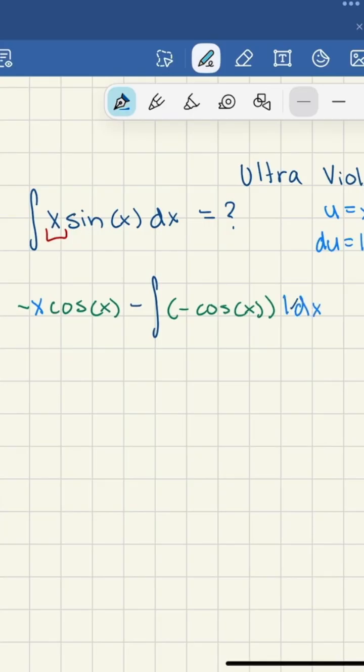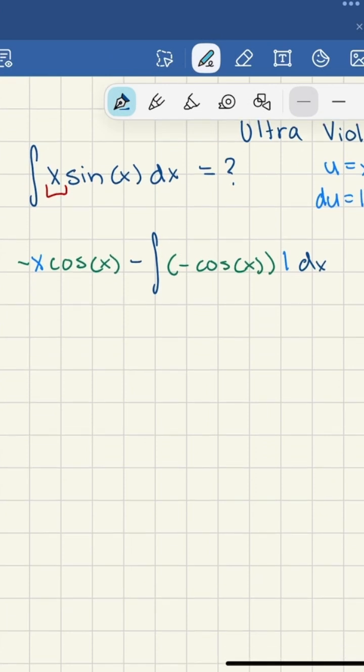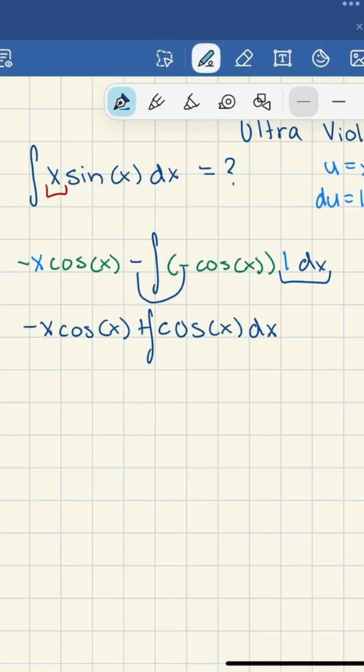And now we can simplify our function. The negative will turn into positive for the integral. And the integral we have now is a lot easier to do.